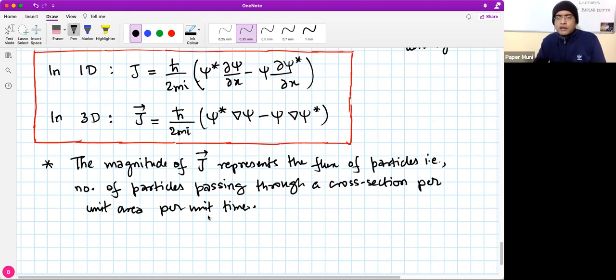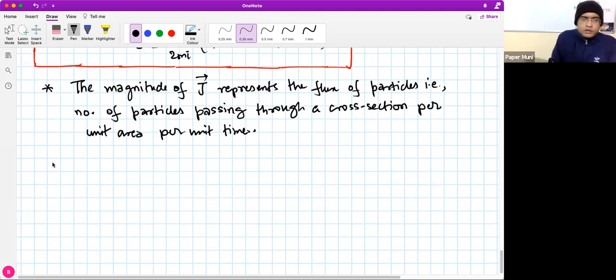In that case, J represented the current flowing through a cross section. In three dimensions, it is the current flowing through a cross-section area. In 2D, it becomes the current flowing across a line, perpendicular to it. So it's a similar description here.